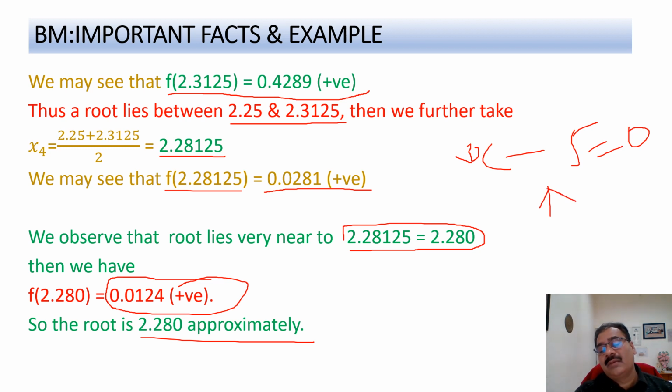So if in approximation it is not possible to get 0, then the value should be very close to 0. Close to 0 means 0.0125 or 0.00125 or 0.000125. This will depend upon your efficiency and energy and your number of iterations, or the desired number of iterations asked in the problem.